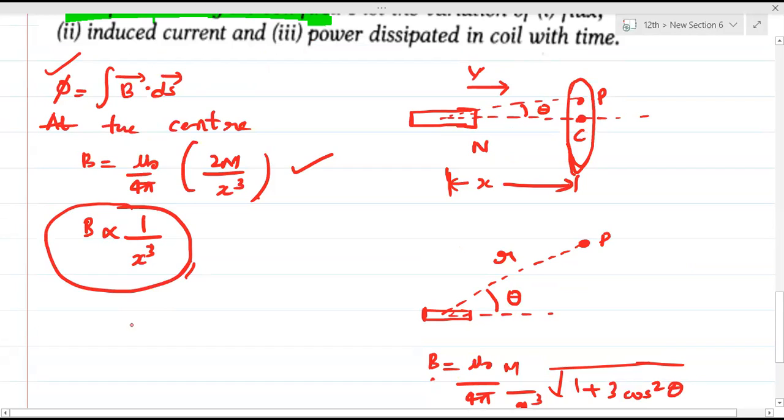B is inversely proportional to x cube. ठीक है, वो तो हम बोल सकते हैं ना, that B is inversely proportional to x cube, right? समझ में आ रहा है ना सबको?